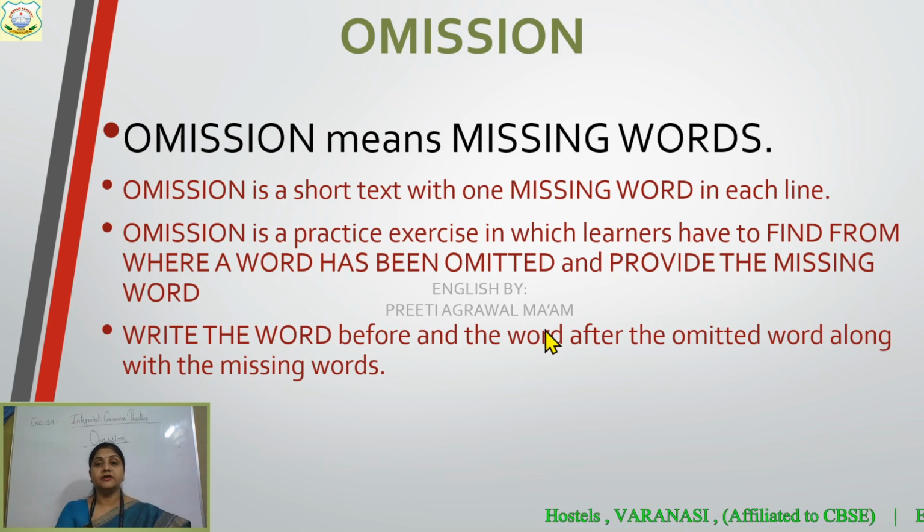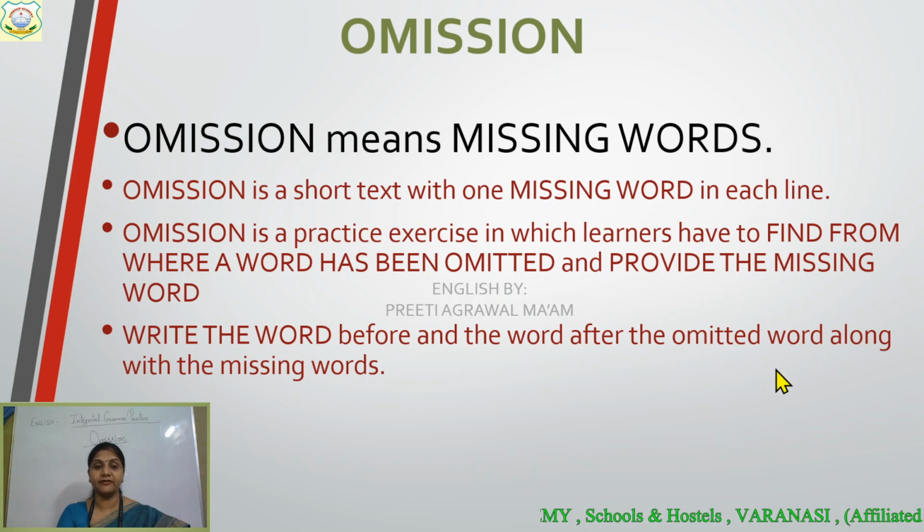After finding it, how will we write? Write the word before and the word after the omitted word along with the missing word. It means that you have to do 3 things: write the word before, the missing word, and the word after.